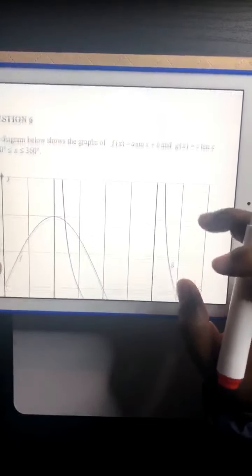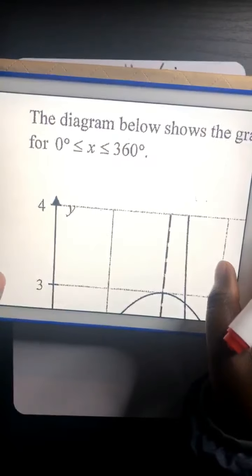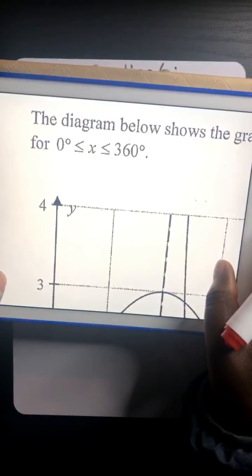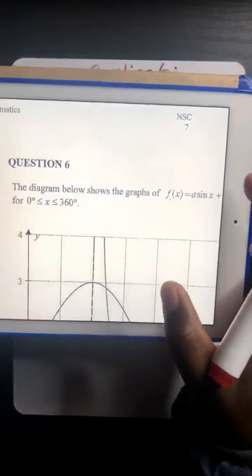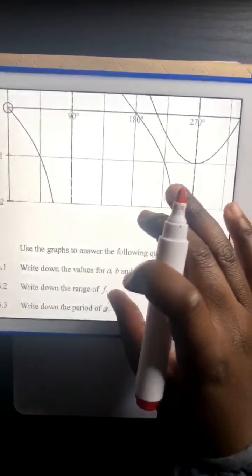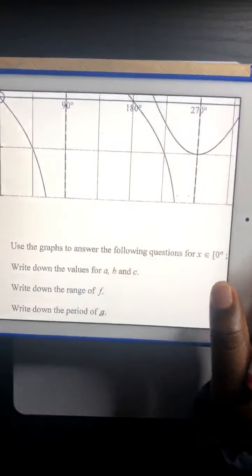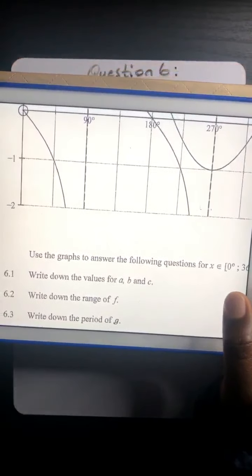That is this information, where they say x is between 0 and 360 degrees. Okay, so now let's have a look at 6.1.